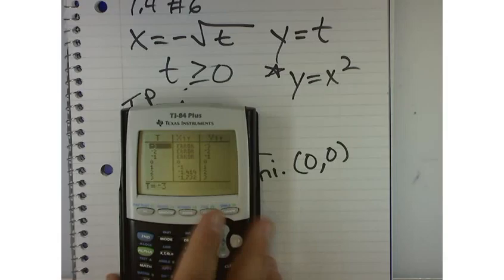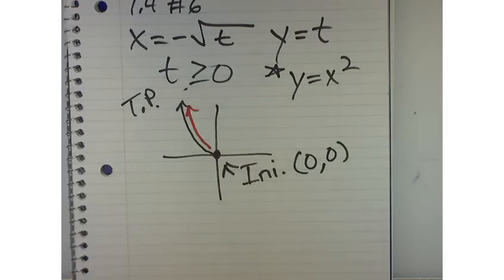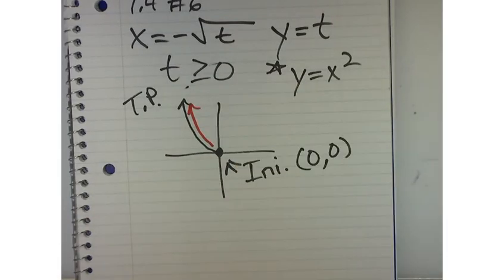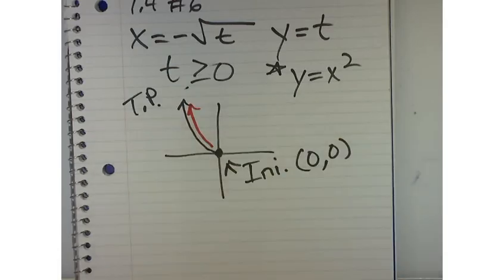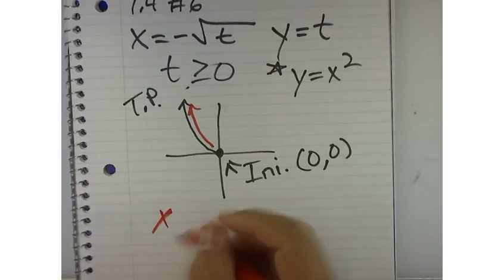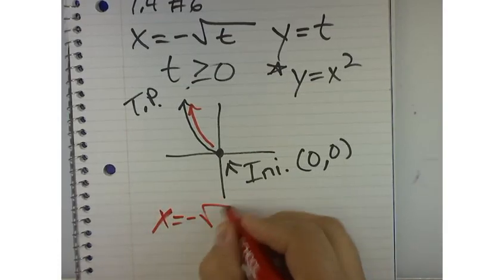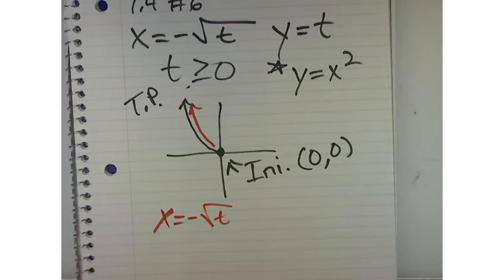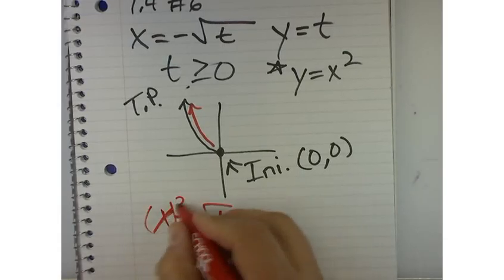And then for part B it says, what is the Cartesian equation? Now again, we think that this is the Cartesian equation because it's a parabola. So if I take x is equal to negative the square root of t, and I square this side, and I square this side.